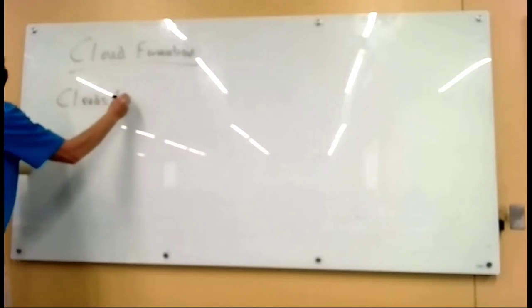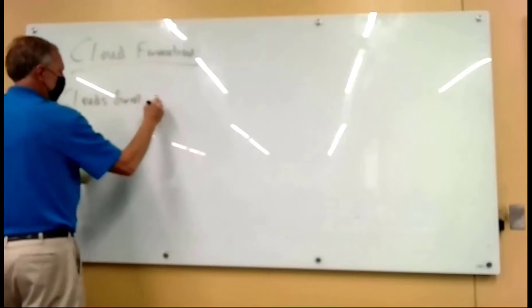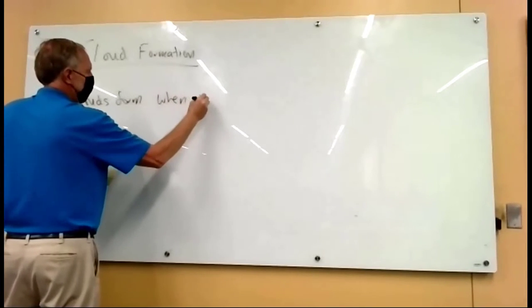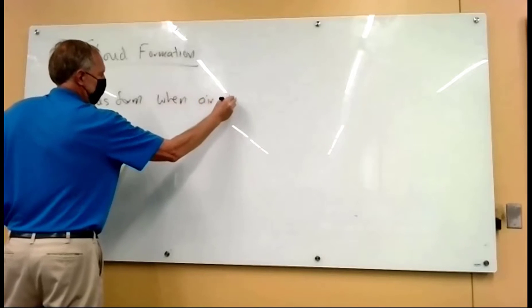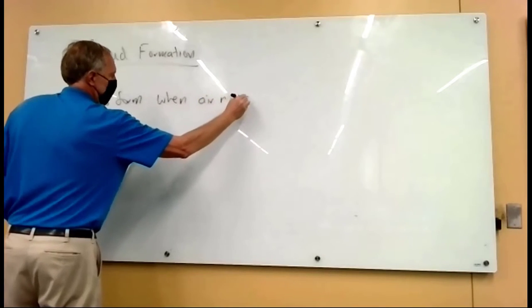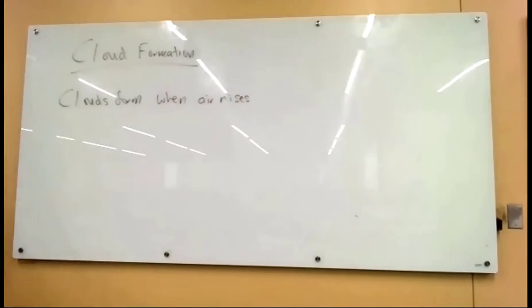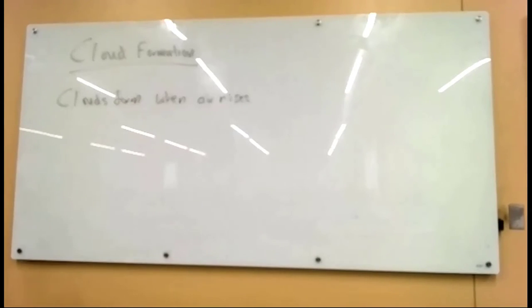So clouds form when air rises, because the temperature goes down and then the water vapor in the air starts to condense out. So the air can rise due to ground heating, or if the air is going up a mountainside, the air cools as it goes up there and clouds form.